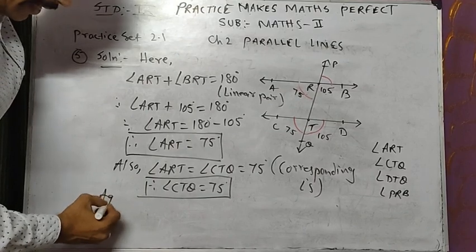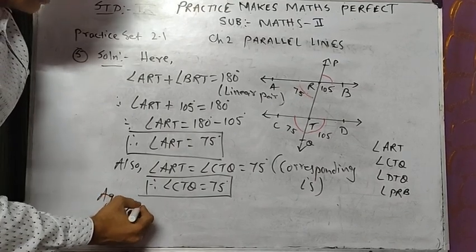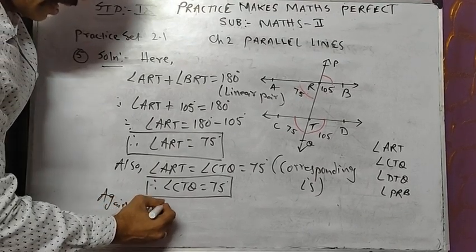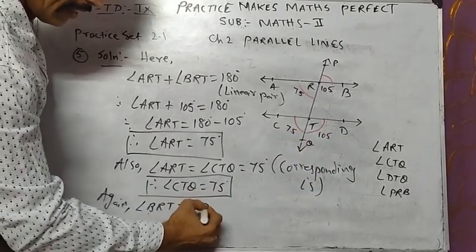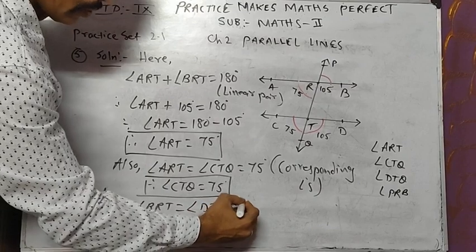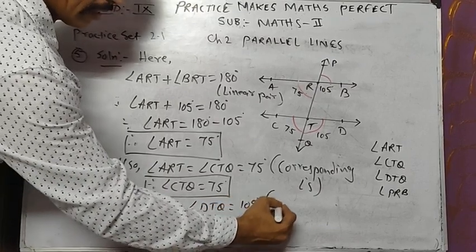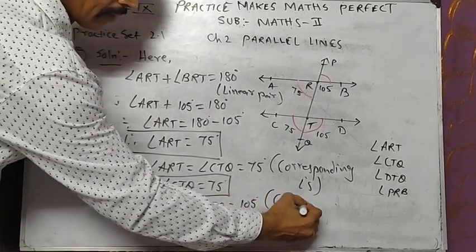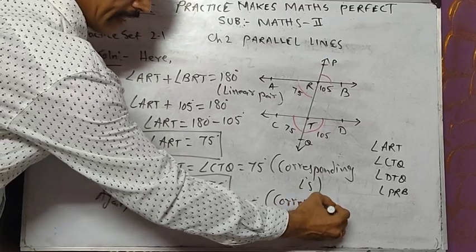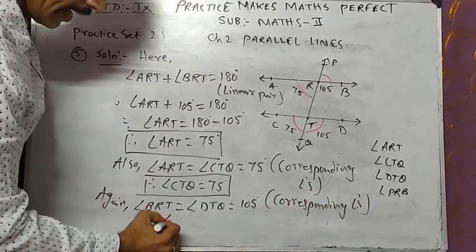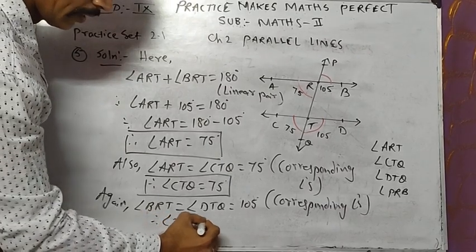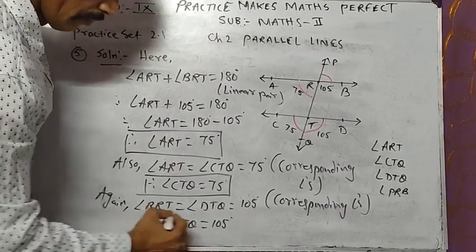So again angle BRT is equal to angle DTQ, DTQ is equal to 105 degree. Reason is corresponding angles, and therefore angle DTQ is equal to 105 degree.